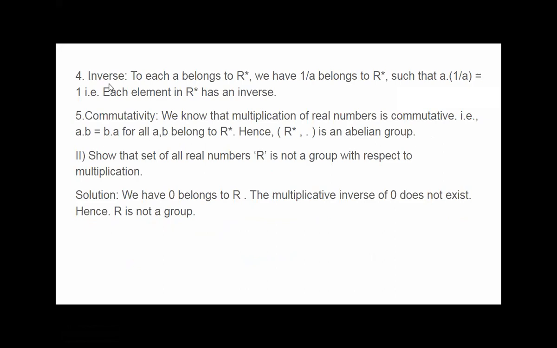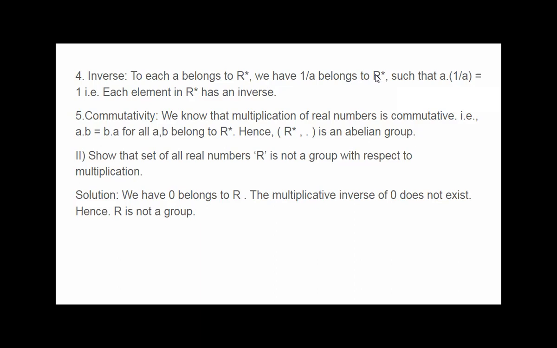Then the last property, the inverse property. For each A belongs to R star, we have 1 by A belongs to R star. Now the set of real numbers also includes decimal numbers or rational numbers. Yes or no? Real numbers include decimal numbers also. So for each A belongs to R star, we have 1 by A belongs to R star.